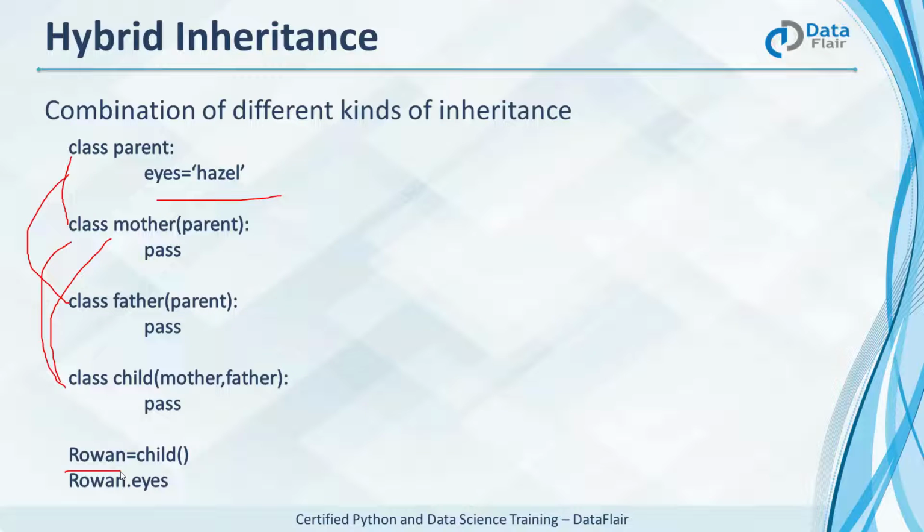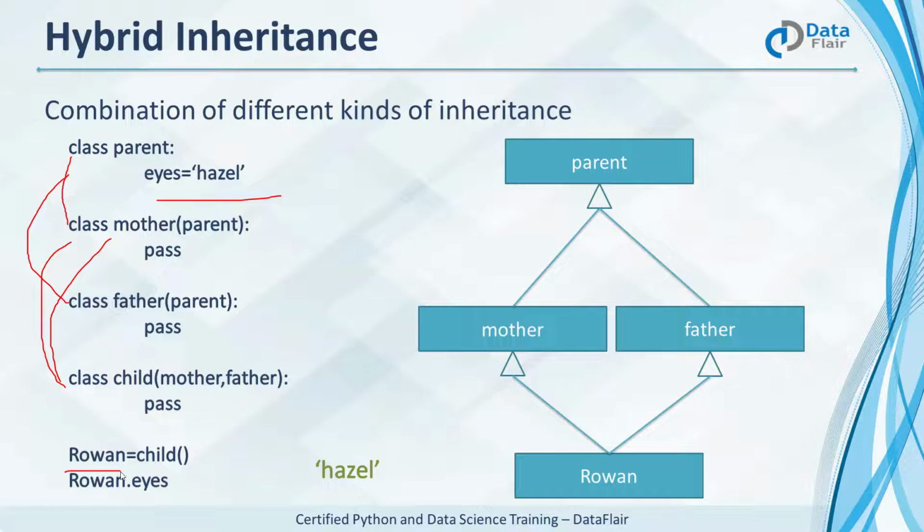What is the color of her eyes? Hazel. Because she inherits it from both her parents, who have hazel eyes, because, well, all parents have hazel eyes. This is a nice example of hybrid inheritance. This scenario also forms the diamond of death, but we'll see that when we discuss multiple inheritance.